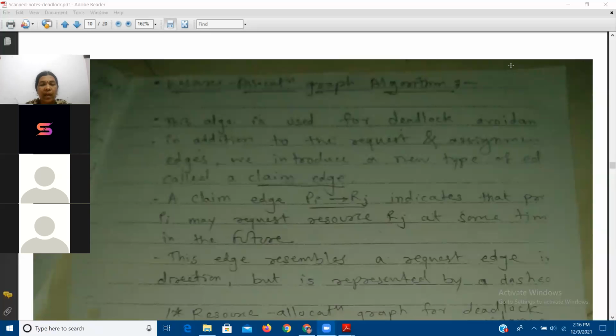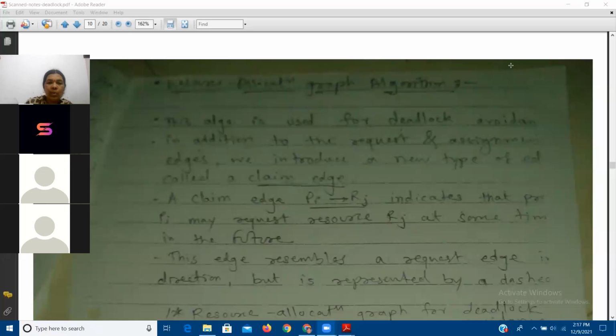A claim edge Pi to Rj indicates that process Pi may request resource Rj after some time or in future. This edge resembles a request edge in the same direction but is represented by dashed lines.